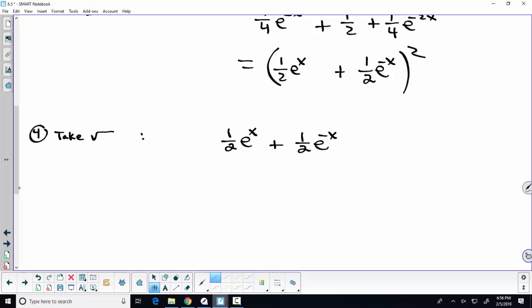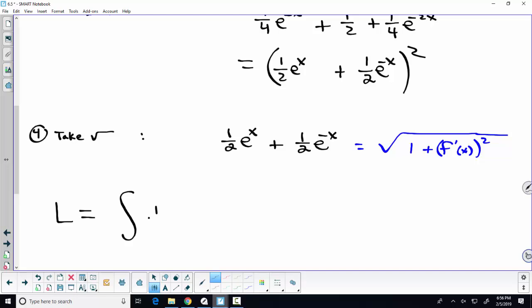That's the square root of 1 plus f prime squared. So then we have arc length, the integral of that thing right there.